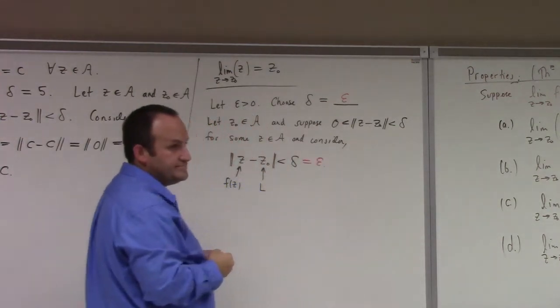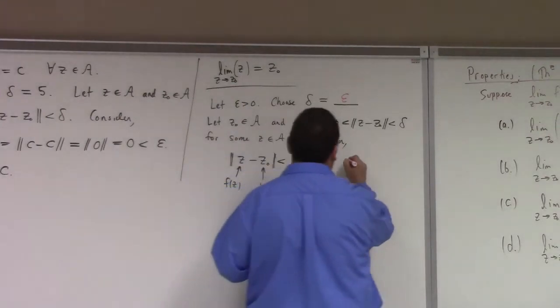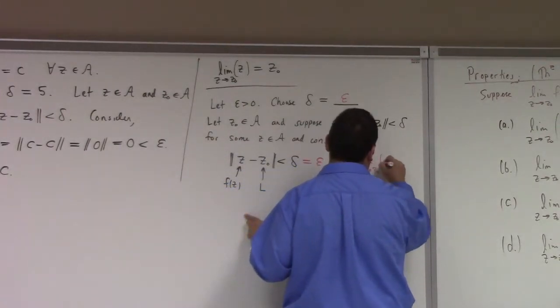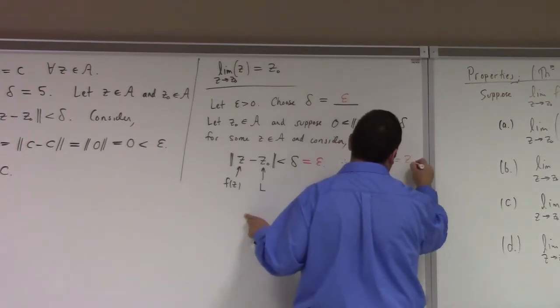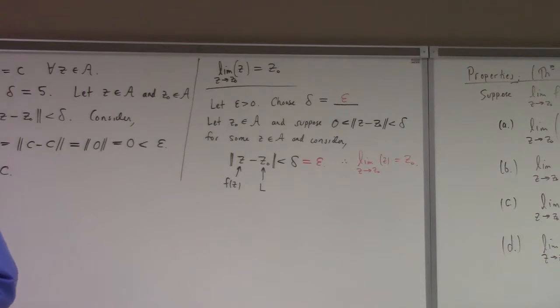So we're done. We've shown that f of z minus L has norm less than epsilon. Therefore, the limit as z goes to z naught of z is equal to z naught. Operationally, the only difference here between this and what we do in Calculus 1 is that absolute value has been replaced with norm.